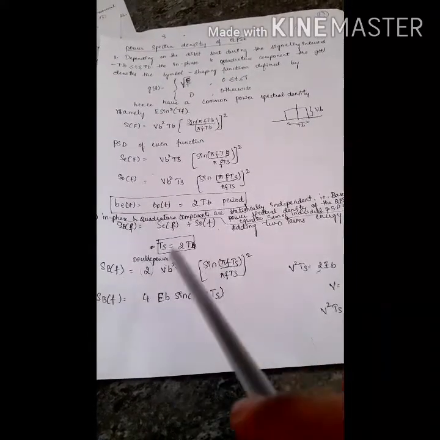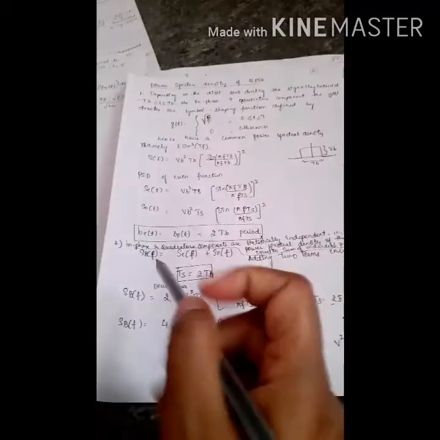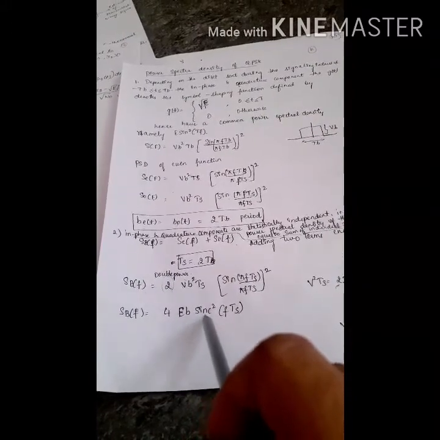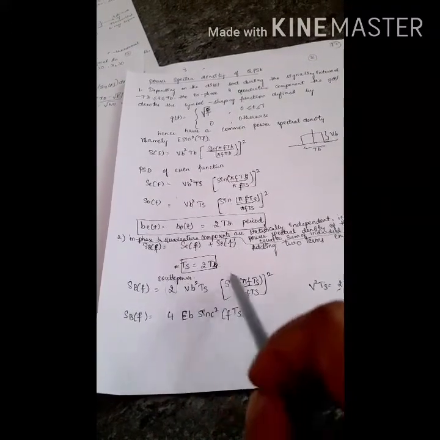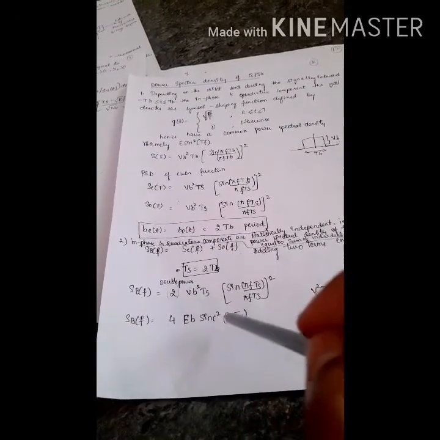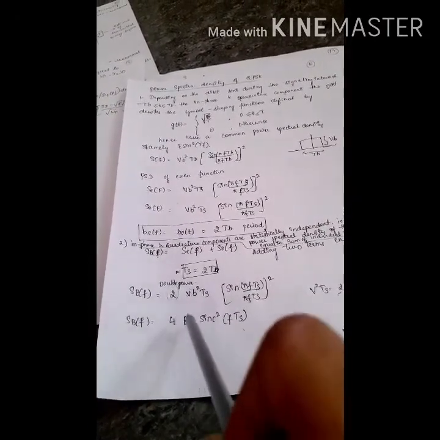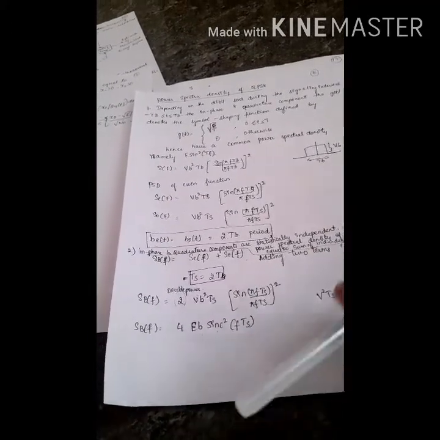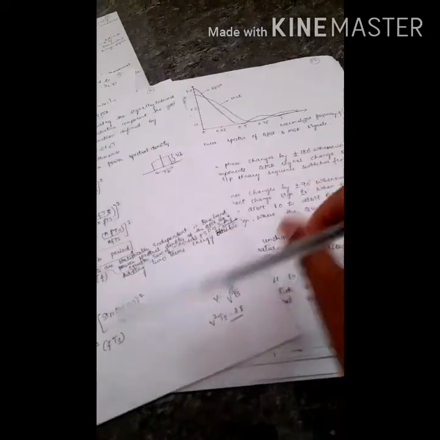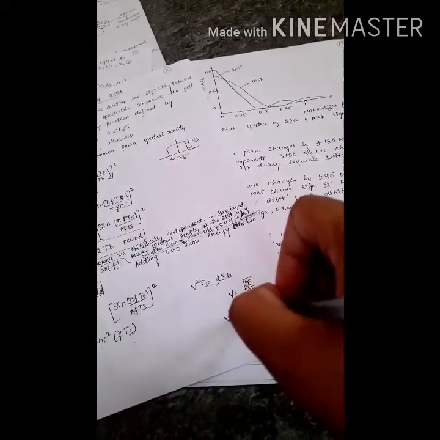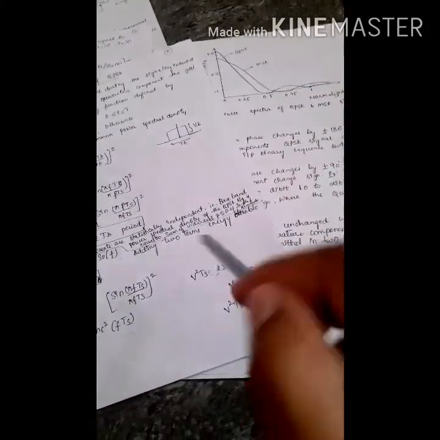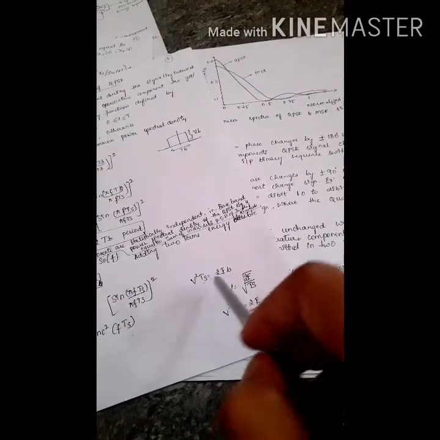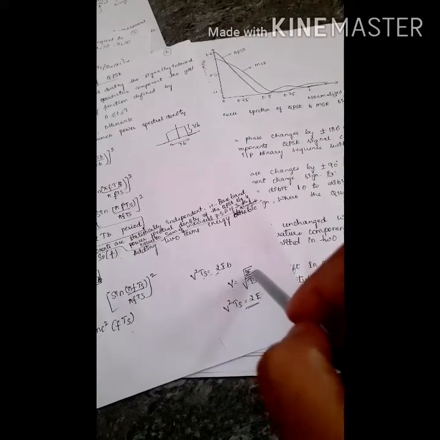So finally we will get Sb(f) is equal to 4Eb into sinc square, that is sine square. This is standard, from the Fourier transform. So 4Eb into sinc square of f Ts. Look here, V square into Ts can be written as 2 into Eb, therefore V is equal to square root of 2Eb by Ts.